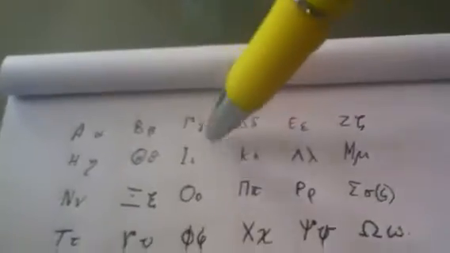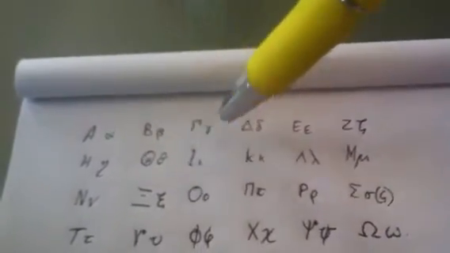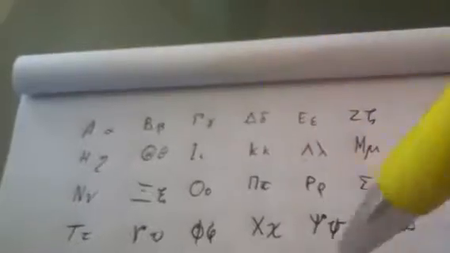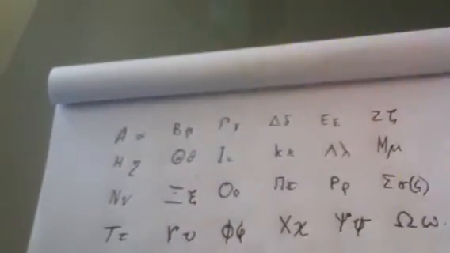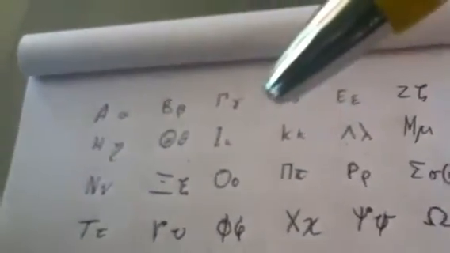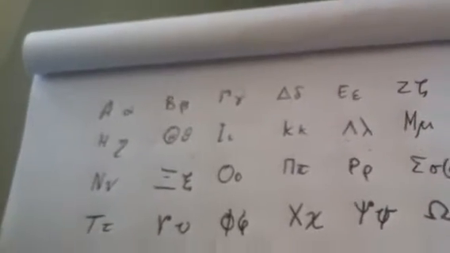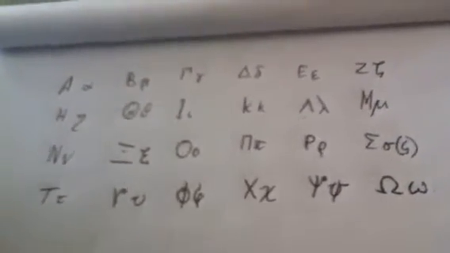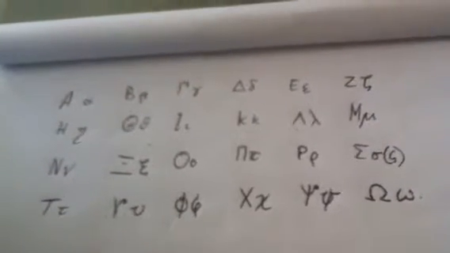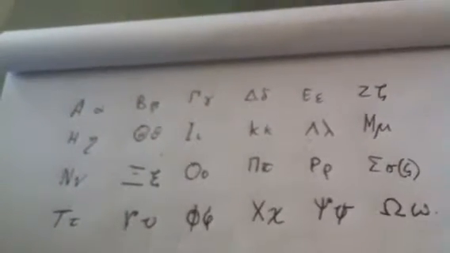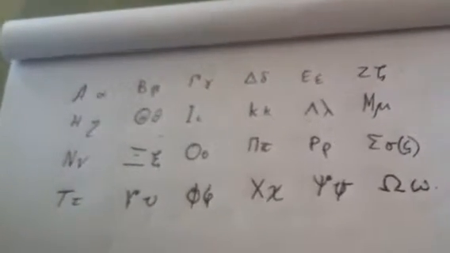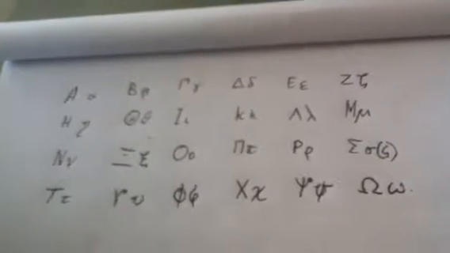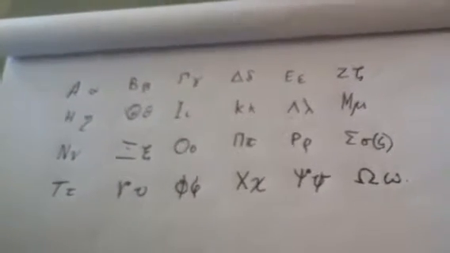And then the next vowel, which is the 4th vowel, is iota. Now, iota is a bit of a funny one to pronounce. It can have 3 different pronunciations. It can be as in the name iota, an e sound, like a double e as in B, or it could have an I sound as in the I in hit, or it could have the y sound, which is in yellow.